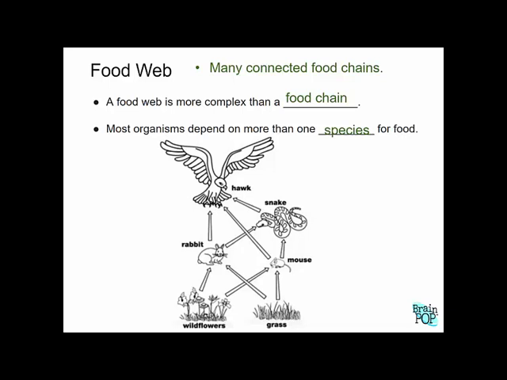Lots of it gets burned up in my body just to keep me alive, to allow me to move, to keep my body temperature up. Only about 10% of energy actually makes it to the next level. And because of that, each level up the food chain you go, you end up with less and less of that organism.